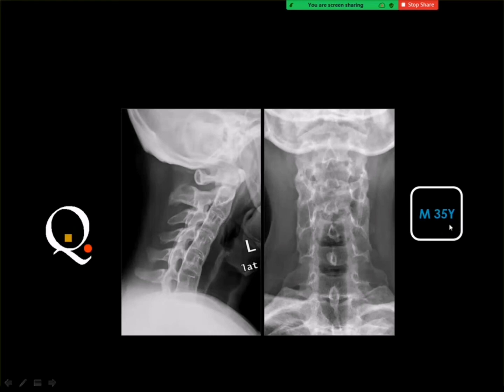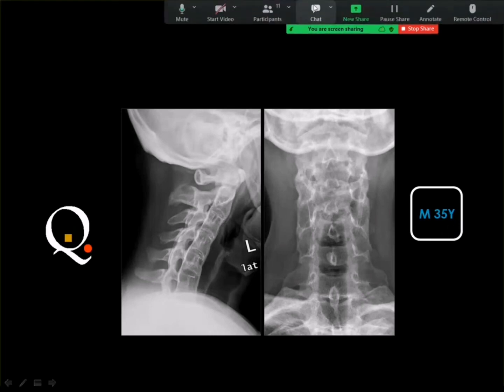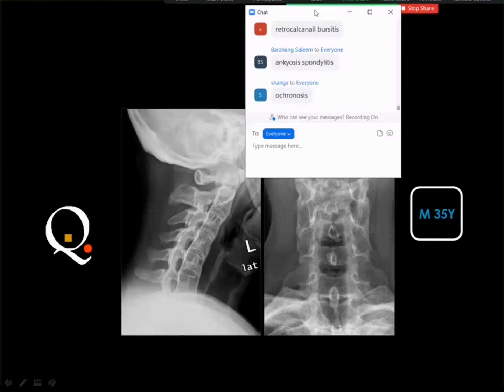Male, 35 years old, with X-ray of the cervical spine. No, this is not chordoma, and no, this is not ossification of the posterior longitudinal ligament, and it's not DISH.